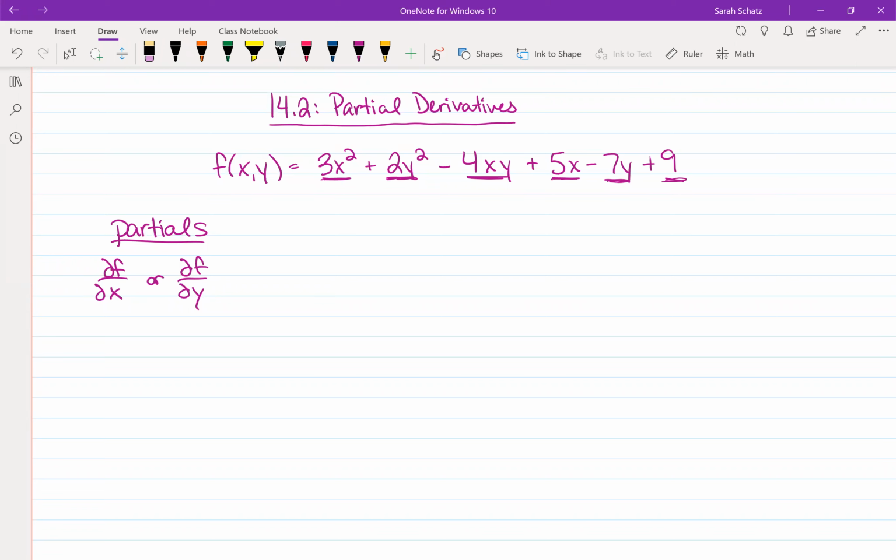So I have to choose what I'm taking respect to. Let's choose to take the derivative of this function with respect to x first. So like I said, I can't have a derivative with respect to both input variables at the same time. So I am considering only that x is a variable, which means the way I'm going to take this is that I am going to assume or hold y constant.